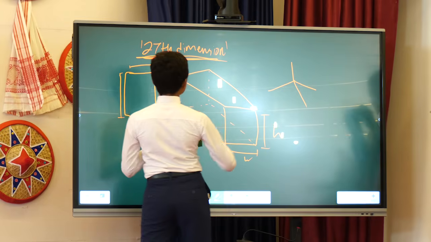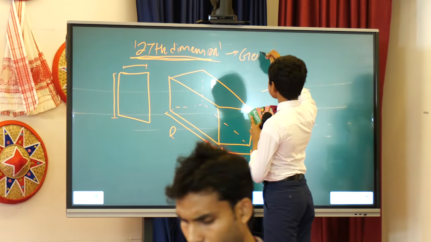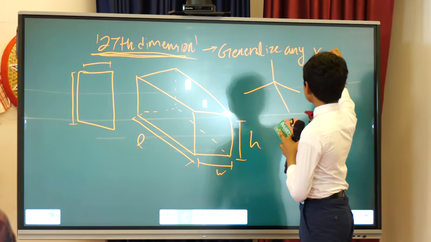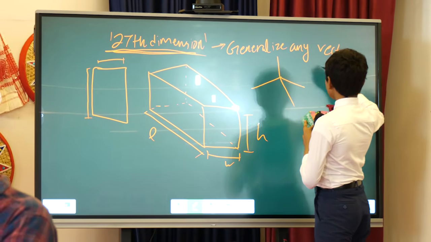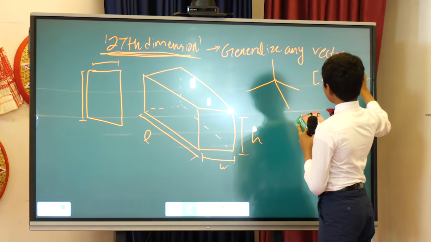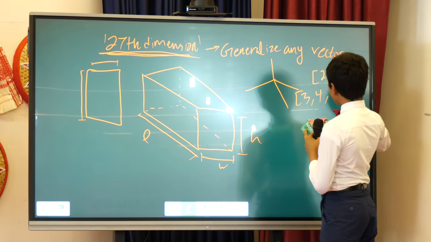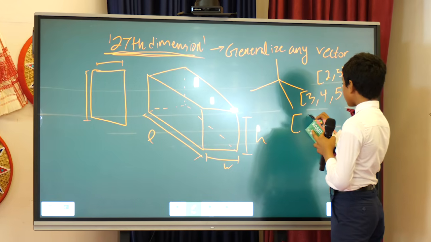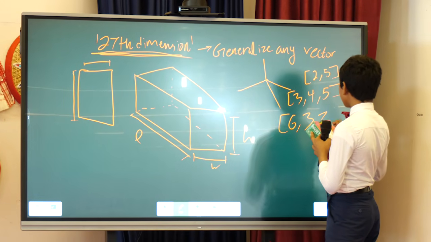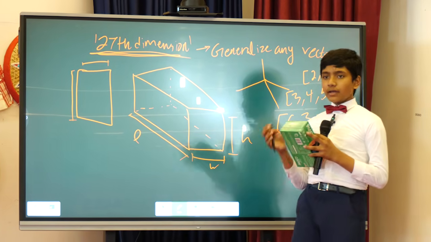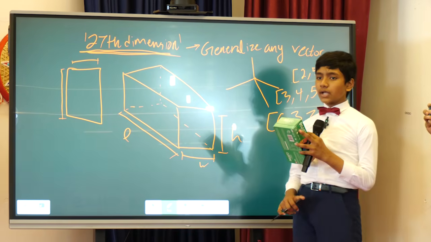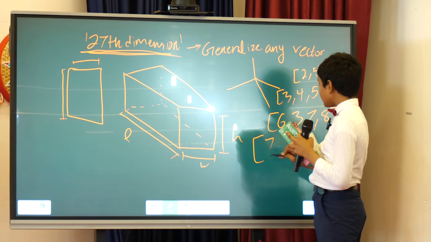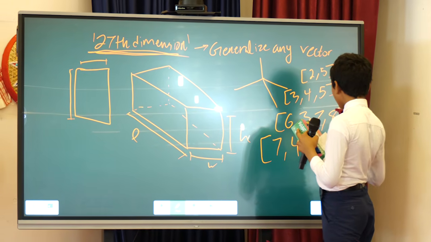But this allows us to generalize any vector, because the vectors that we have in our life usually have 2 components or maybe 3 components. But it turns out in general relativity, most vectors have 4 components because they have to account for time. And if we were doing general relativity in any other dimension, which seems to be useful for other applications like string theory, we could have even more than 4 dimensions, maybe even 12.